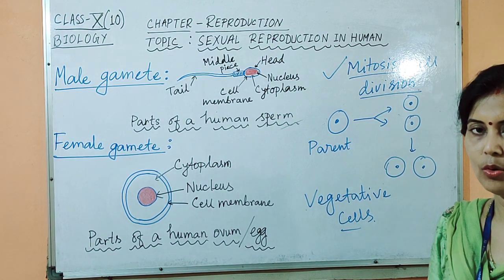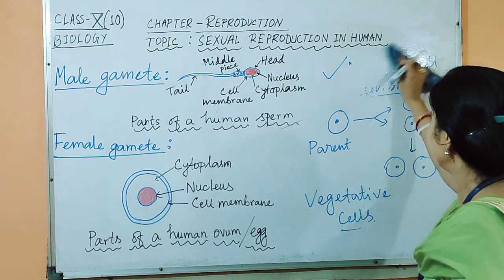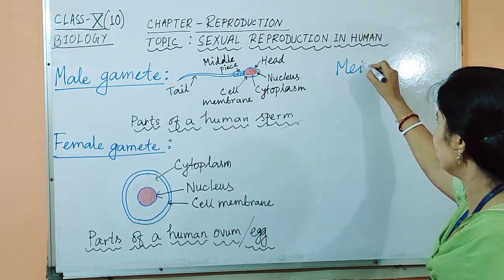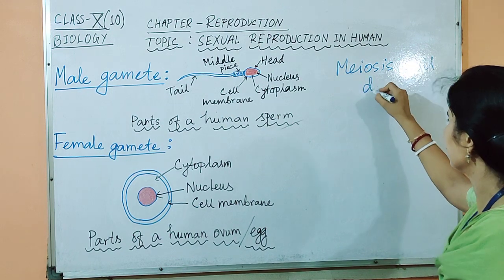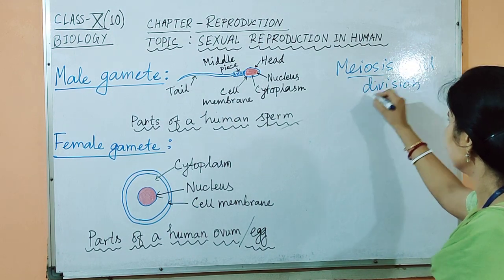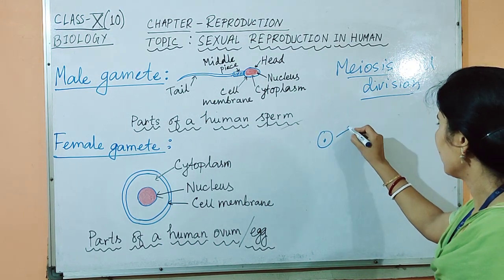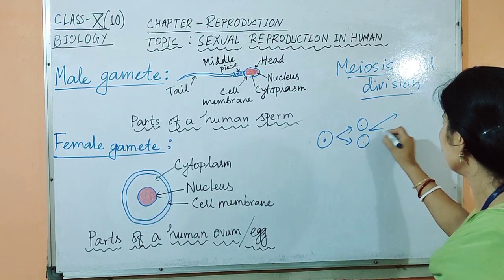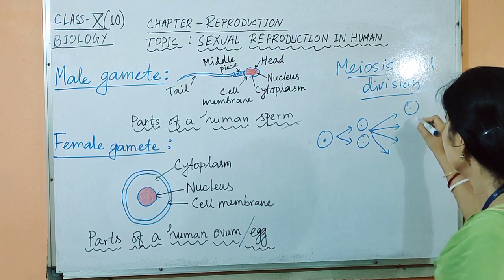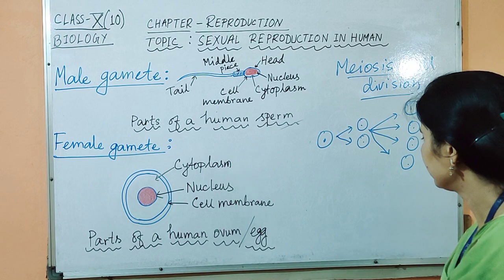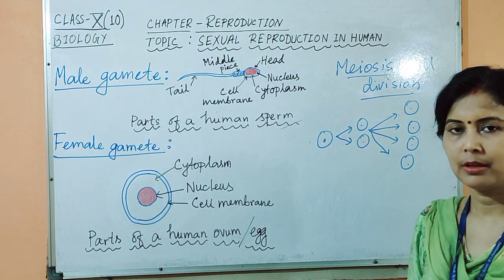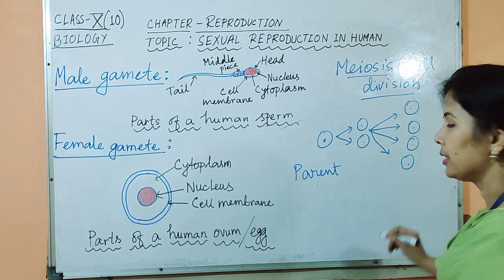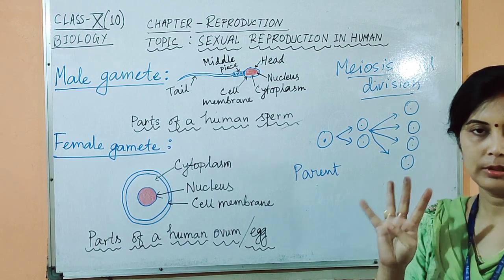Now we'll see about meiosis. Meiosis is a cell division in which one parent cell produces 4 gametes.